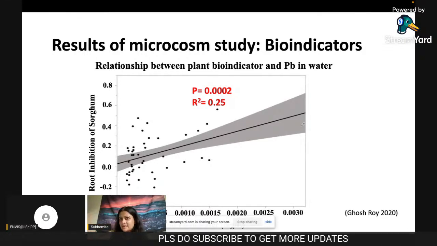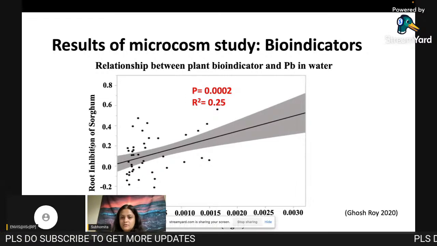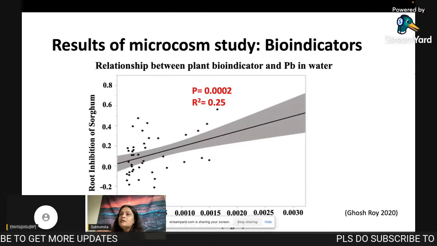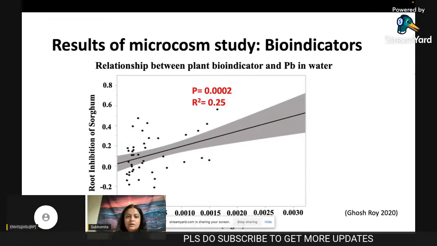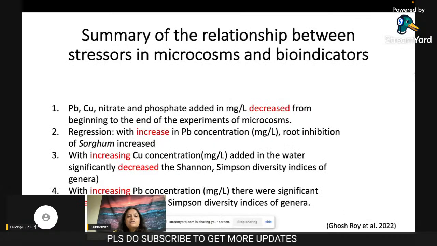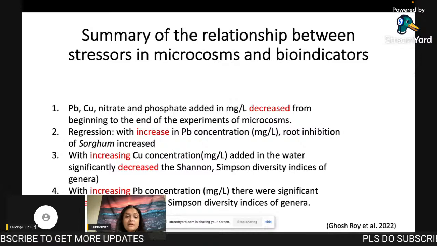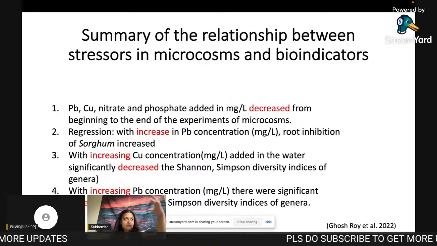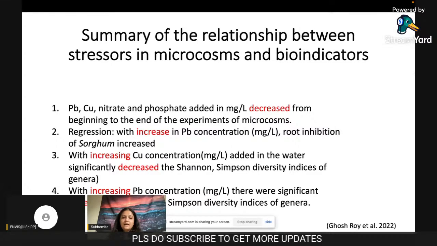Now that we have increased the lead content, the plants are probably reacting differently to it, and that's why inhibition is affected more, which is also statistically significant. So in this study we did see a significant relationship, but firstly, overall we saw a reduction in the pollutant amounts, be it all of the pollutants that we have added: lead, copper, nitrate, and phosphate.